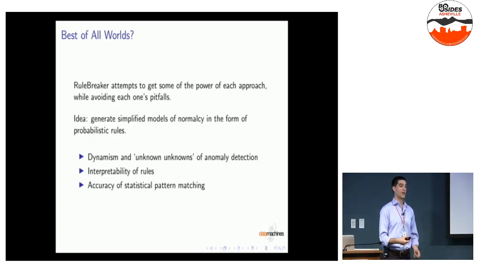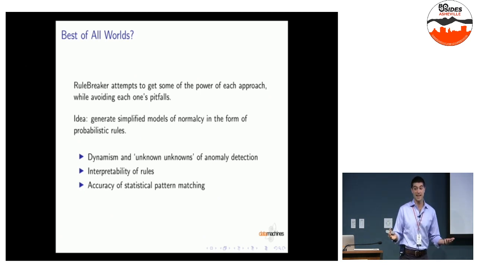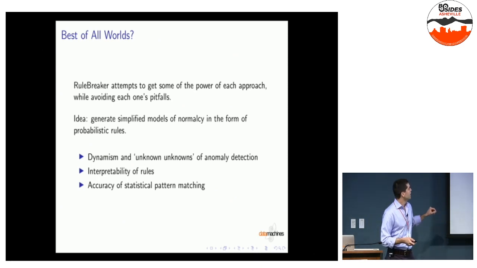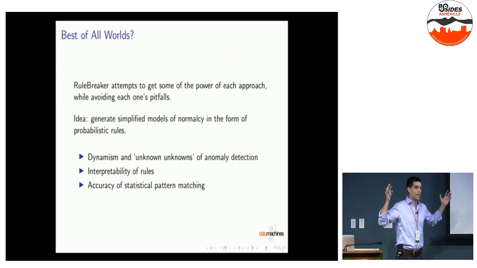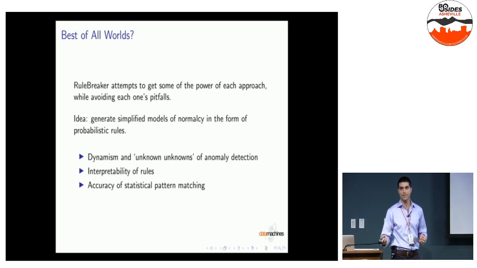I'm going to talk about this rule breaker thing that gets you hopefully some bits and pieces of the power of all three of these approaches, and to some extent, and we can discuss this afterwards, it sidesteps a lot of their pitfalls. So the high-level idea behind this thing is that we're going to generate simplified models of normalcy in the form of probabilistic rules, right?